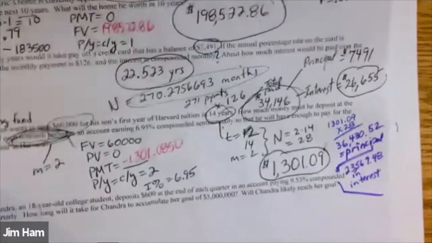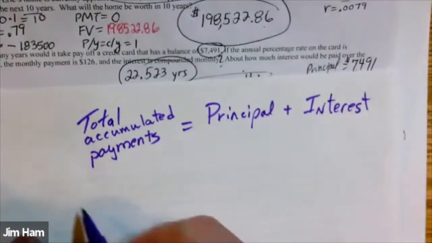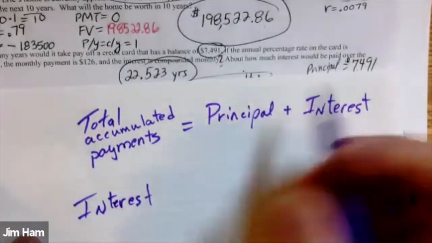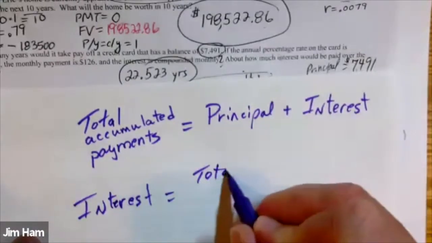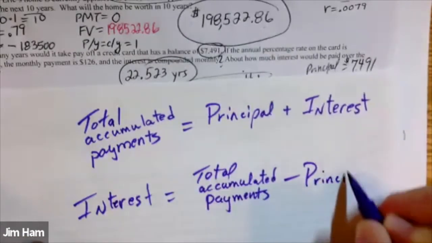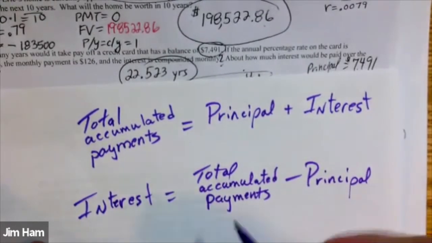And here's the formula. We usually do a subtraction problem because we usually solve this equation for interest. If you subtracted the principal from both sides, you would get the total accumulated payments minus the principal. This formula is not going to appear on the formula sheet. It's just something that you need to know.